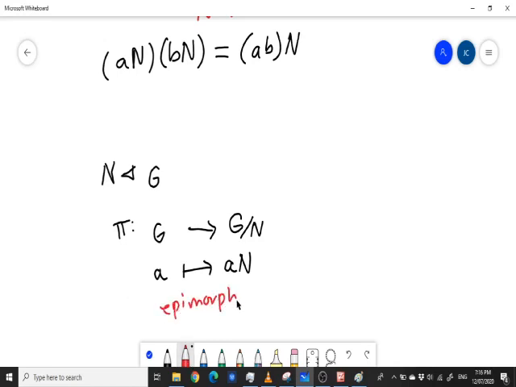This is an epimorphism because an element in G has to belong to some coset. Because, diba, two cosets AN and BN are either disjoint, meaning they do not have common elements, or the same.